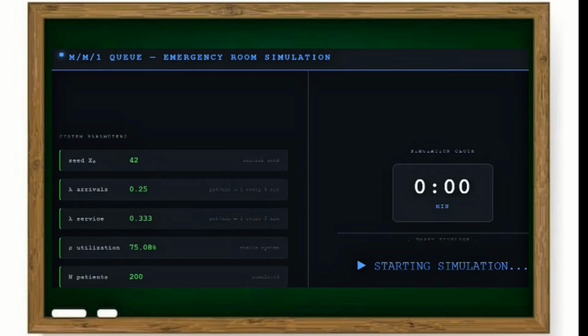We take the first 200 values from the pipeline, the inter-arrival times with lambda equal to 0.25, and generate a second independent sequence for the service times with lambda equal to 0.333, equivalent to an average of 3 minutes per query.